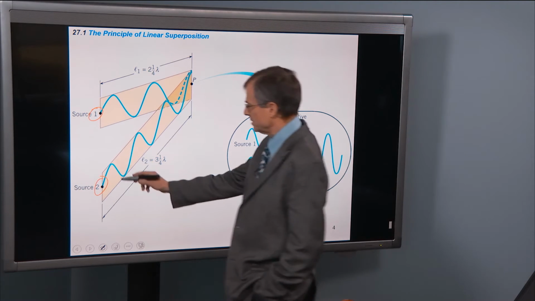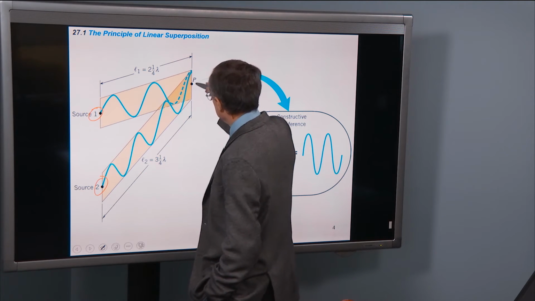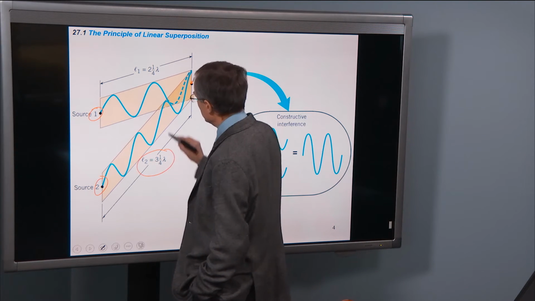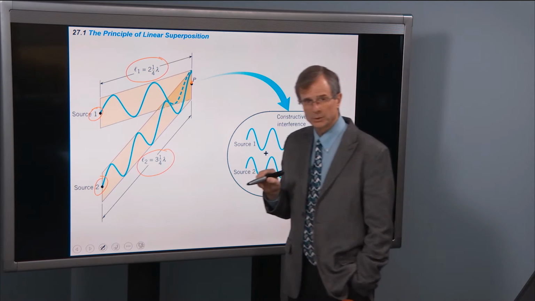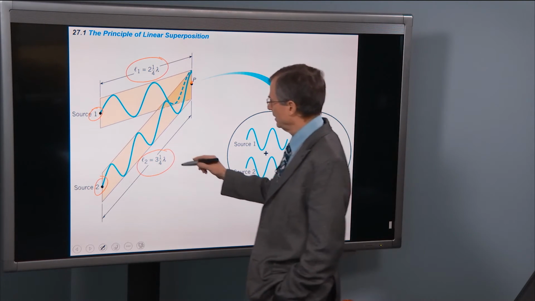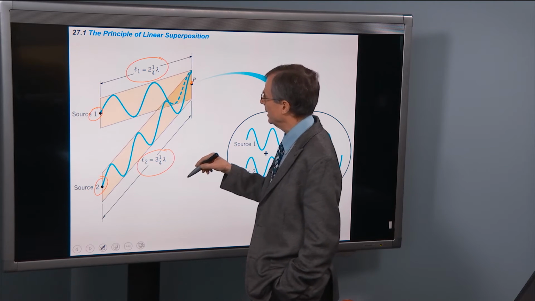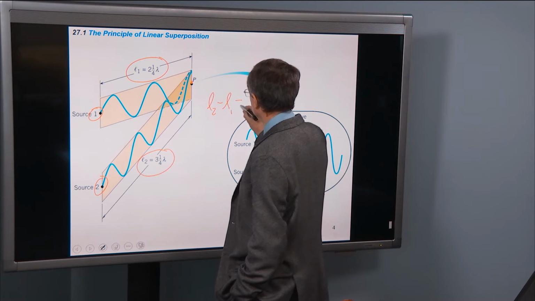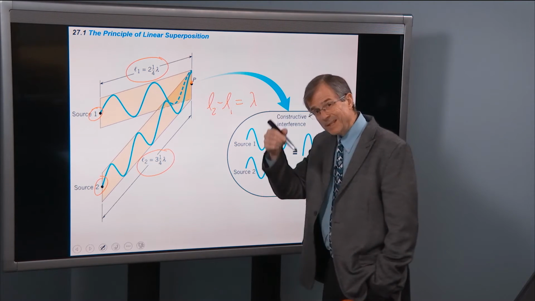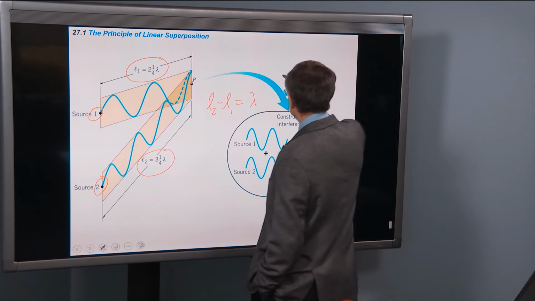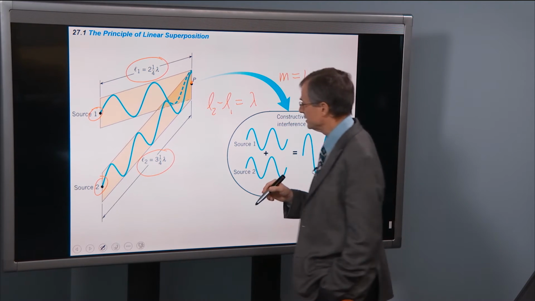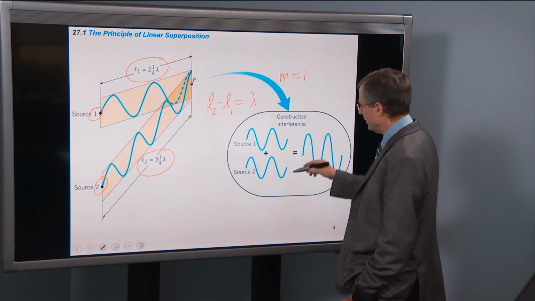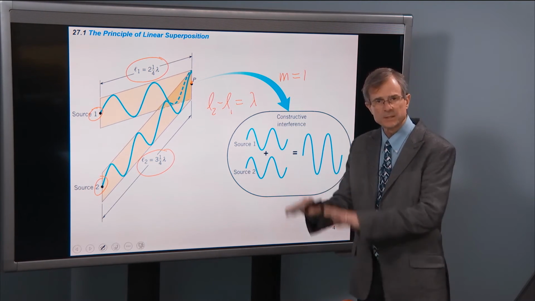So you can think about this as electric fields, and they combine at some point P. If the path length difference is, as in this case, an integer multiple of the wavelength, 3 1/4 lambda minus 2 1/4 lambda, the path length difference L2 minus L1 is lambda. So that's an integer multiple of lambda, where that integer, in this case, is 1. Whatever is multiplying lambda is 1. Then we get constructive interference, and the two waves, the peaks and the valleys, come at the same time.